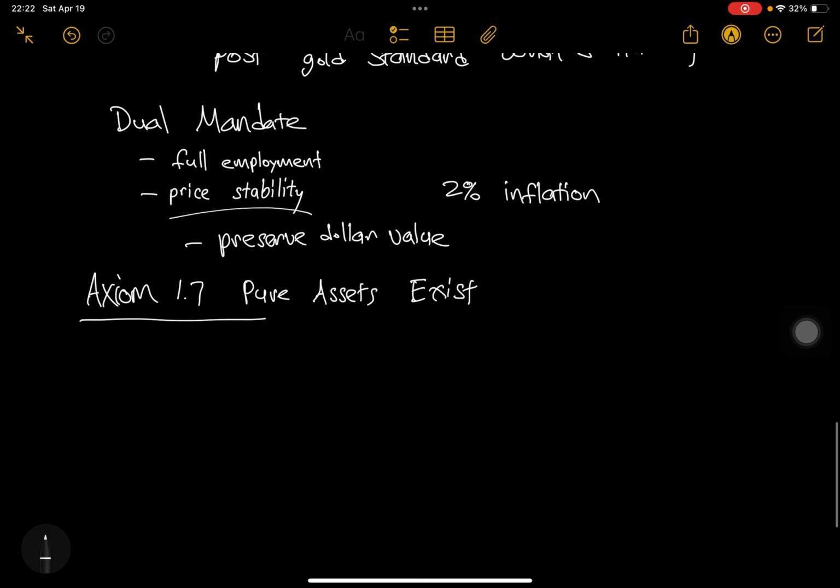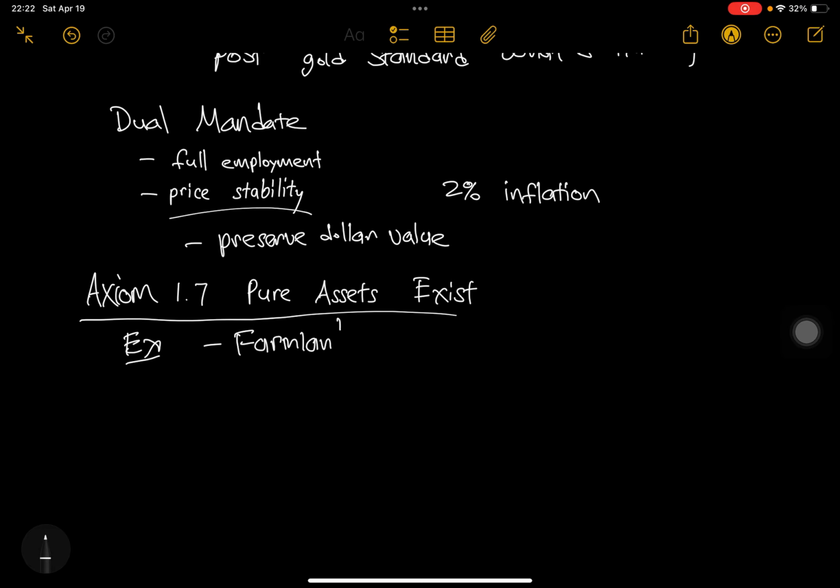There's no way to prove it, but my go-to examples here are farmland, and commodities directly, I think, are assets. They have use value. Corn, food, I think, is ultimately an asset. It has very, very real use value.